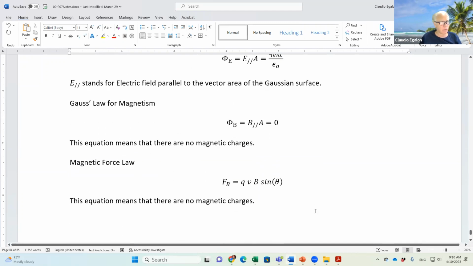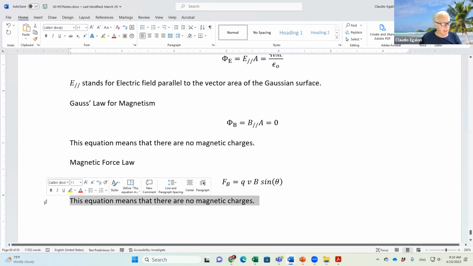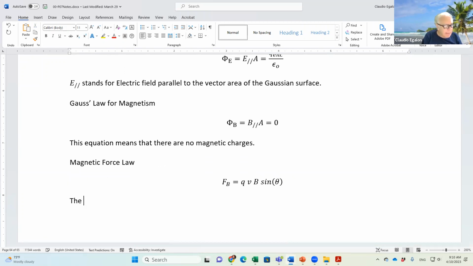Okay, 1, 2, 3. Okay, the direction of the magnetic force is given by the right hand law.